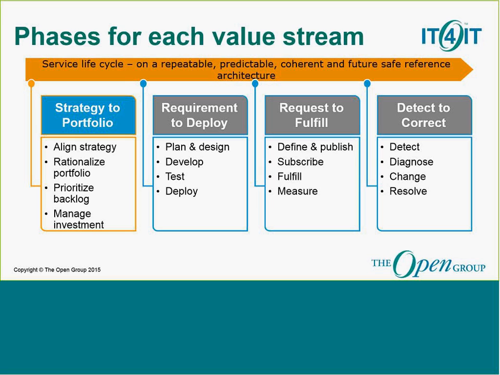And detect to correct is focused on keeping those services running in production, and that's the classic operational services that are familiar to most of us in IT today. Like I said, this chain of combined value streams is all made possible by that reference architecture, which ties them all together.